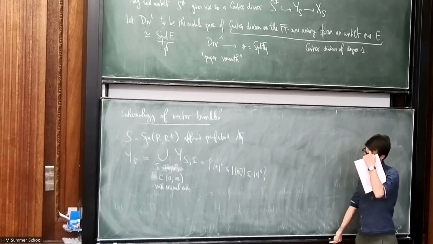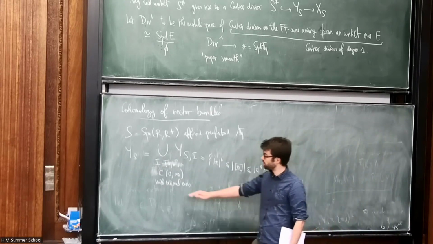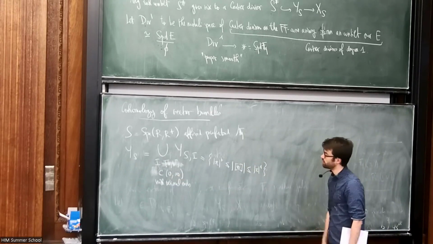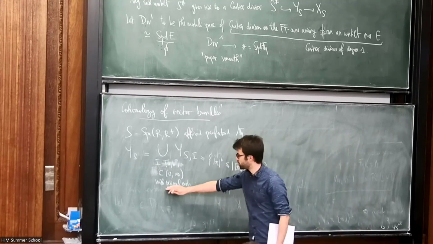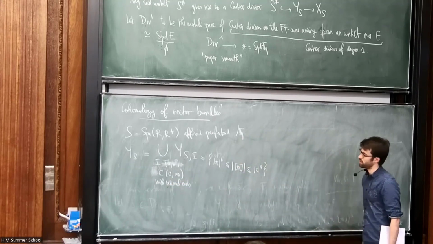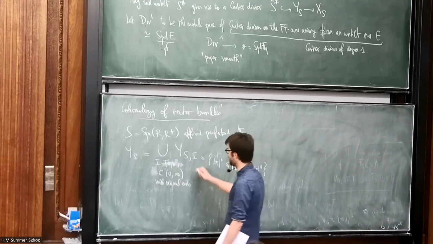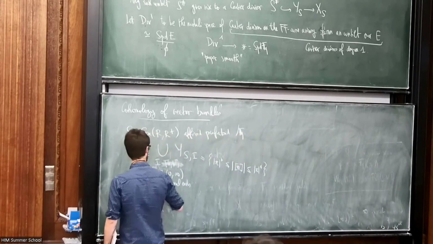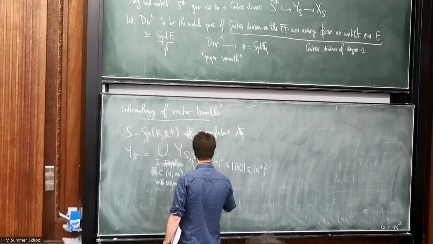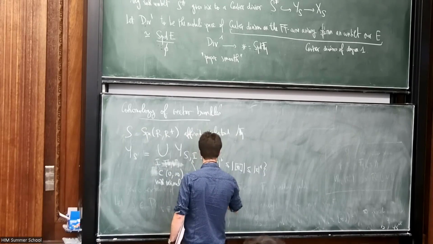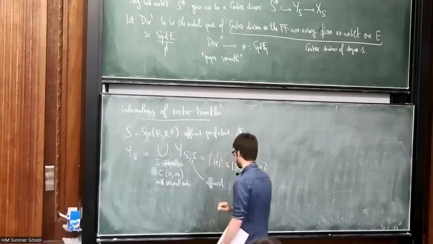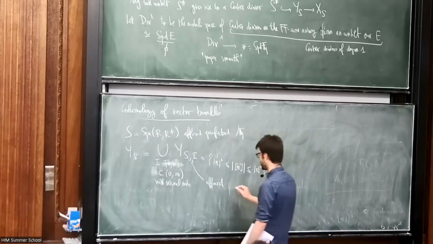And so this is an increasing union, which is countable, because I can restrict myself to intervals with rational ends. Each of these Y_S^I is first of all affinoid, but it's also very close to being perfectoid.